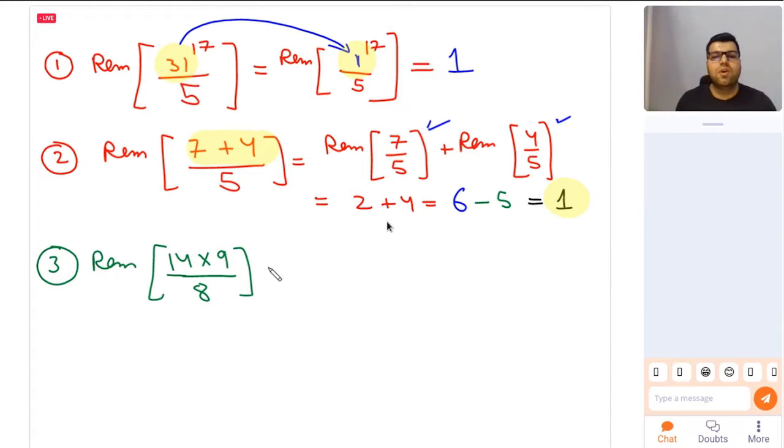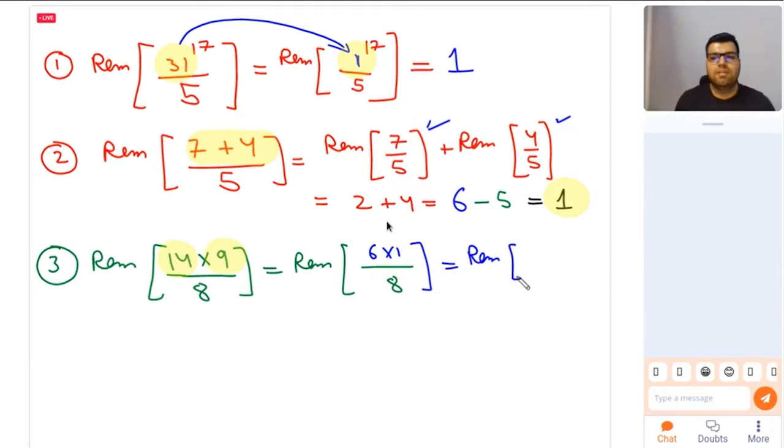Or you can just replace these two particular numbers with their remainders with 8. So instead of 14, we will just write 6. Instead of 9, I will write 1. So ultimately the answer, you can see, it is remainder of 6 with 8, which is nothing but 6.